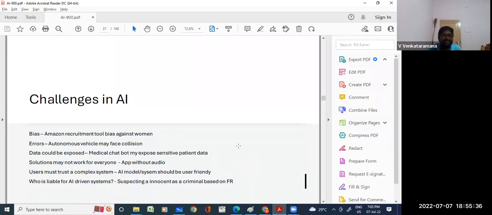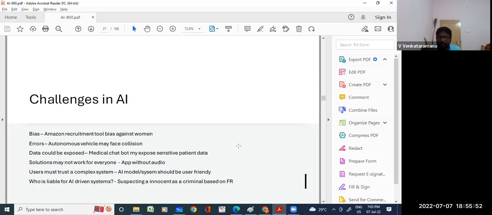Users must trust a complex system. You develop a complex system for a user, but the user will use the complex system only if they trust it, right?